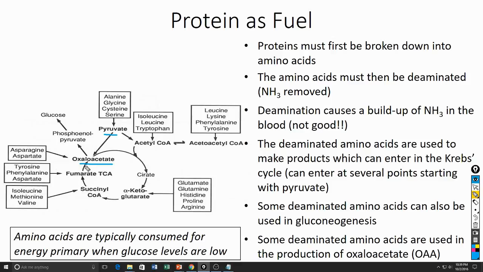Because if it enters as oxaloacetate, then you're skipping all of this stuff along the way. Or if it's coming in as succinyl-CoA, you're skipping that stuff and you're only getting this much. So instead of doing all that, I prefer to just leave it at, you can break it down and you get ammonia out of it. Those are the 2 things I want you to take out of amino acid production or breakdown.